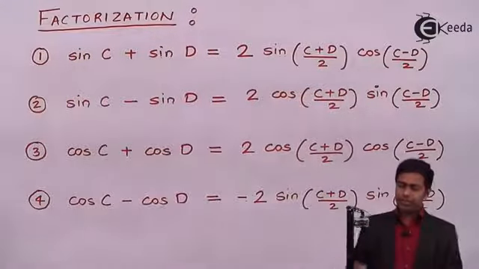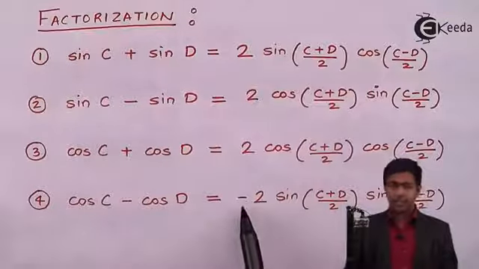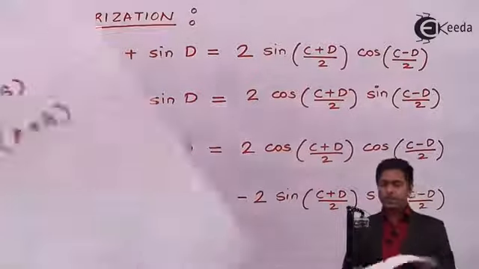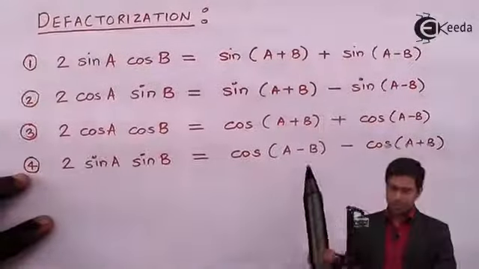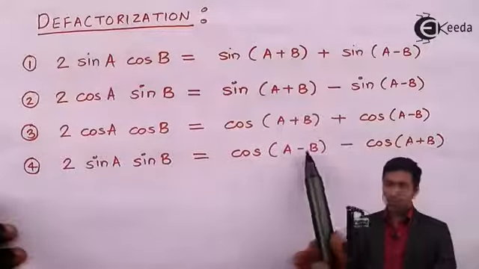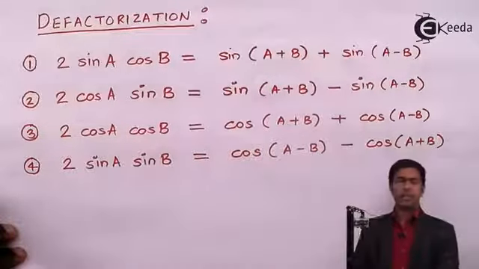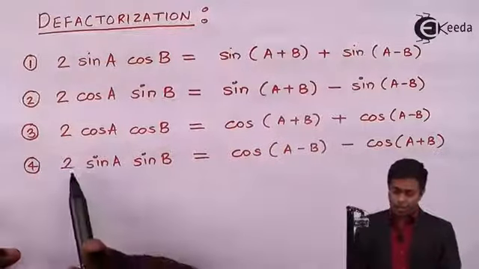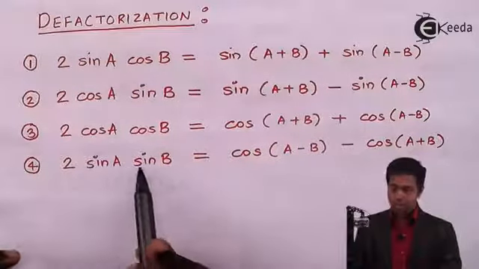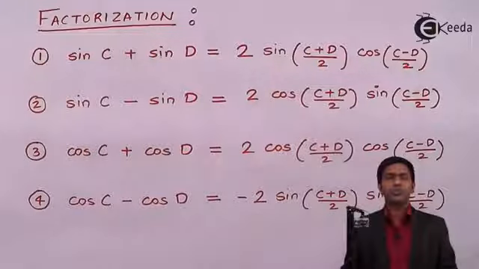Now the only difference is, in the factorization, the last formula has the negative sign outside, whereas in defactorization, this last formula has an a minus b term in the first bracket and an a plus b term in the second bracket. Now why? Because here we have 2 sin into sin, and here we had minus 2 sin into sin.